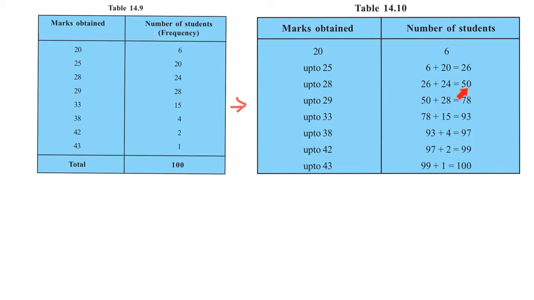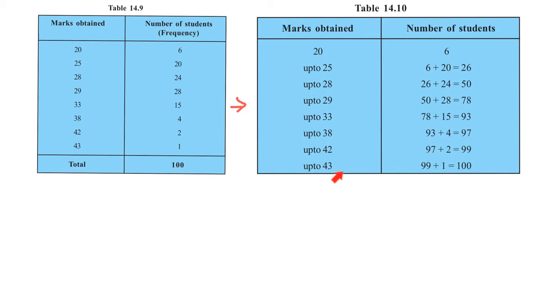It will be the number up to 28 plus the 28 students who obtained 29, so we add 28. Up to 33, it will be 78 plus 15. Up to 38, it's going to be 93 plus 4. Up to 42, it's going to be 97 plus 2.